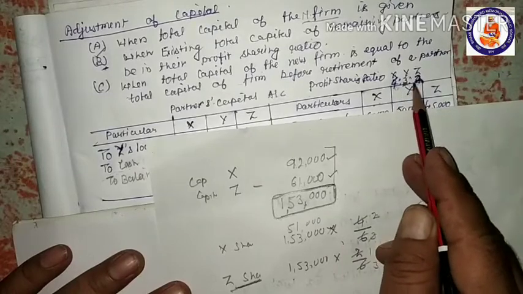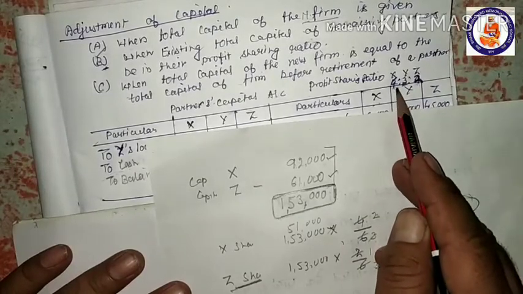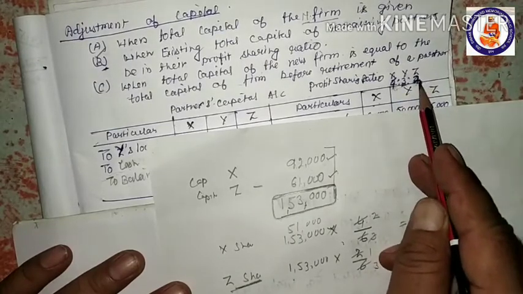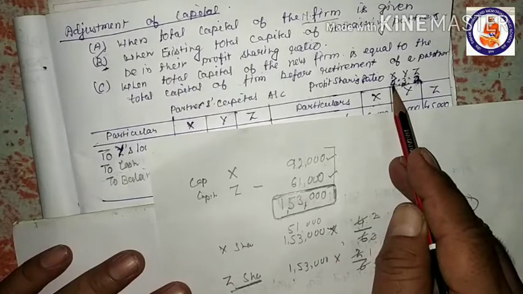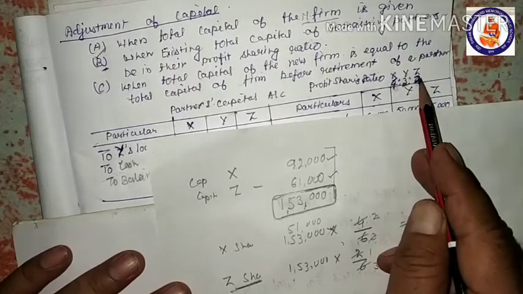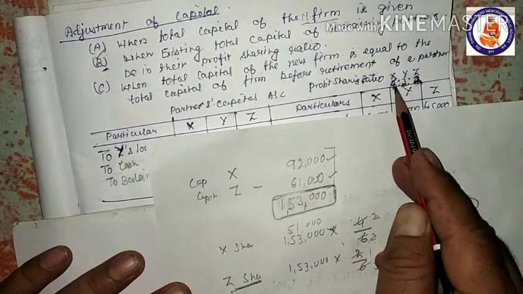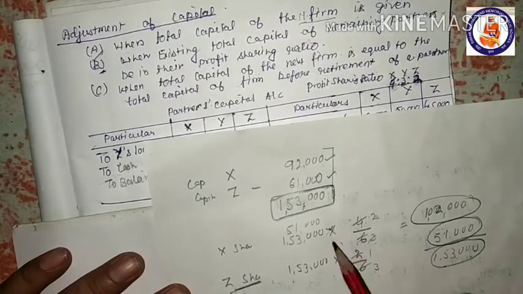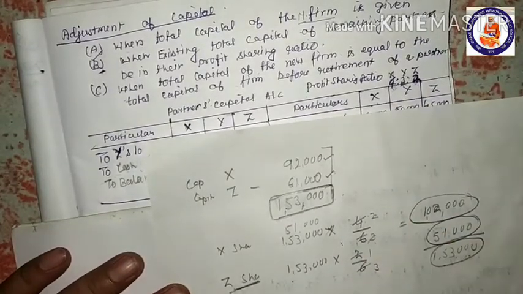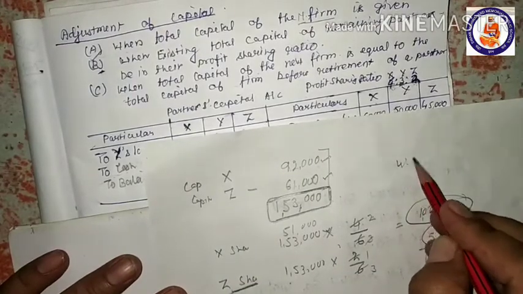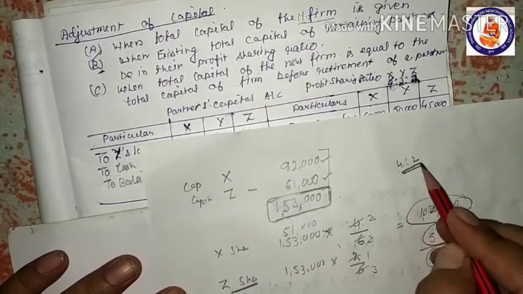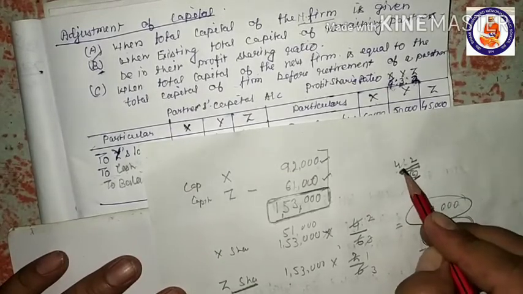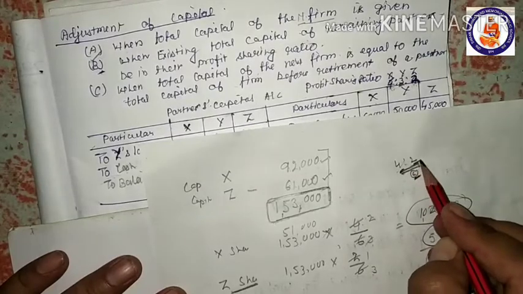The profit sharing ratio between X and Z is 4:2, meaning whatever Z is getting, X is getting double. So 4:2 is the remaining profit sharing ratio. Out of a total of 6, X is getting 4 and Z is getting 2.